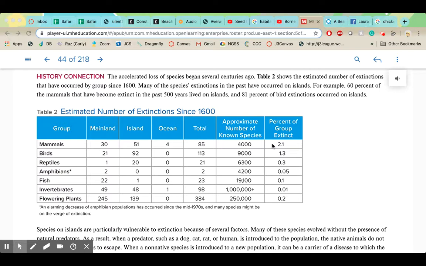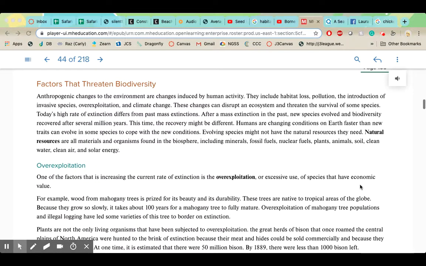Here are some different extinctions that have happened recently. You can see that mammals, about 2.1%, have gone extinct since the 1600s that they know of. There could have been more species, but you can see here different percentages.